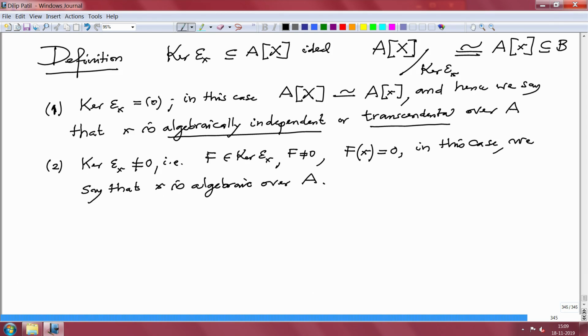But how do we find a polynomial actually? That is a big task.